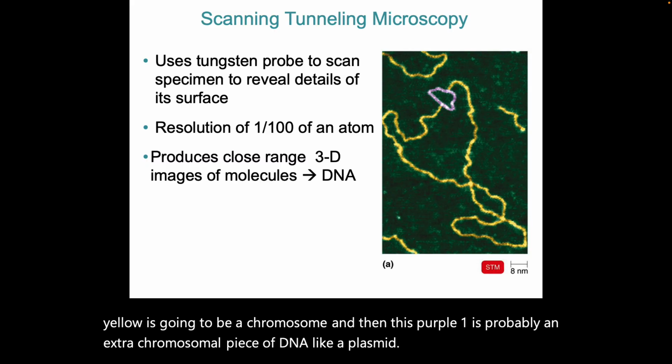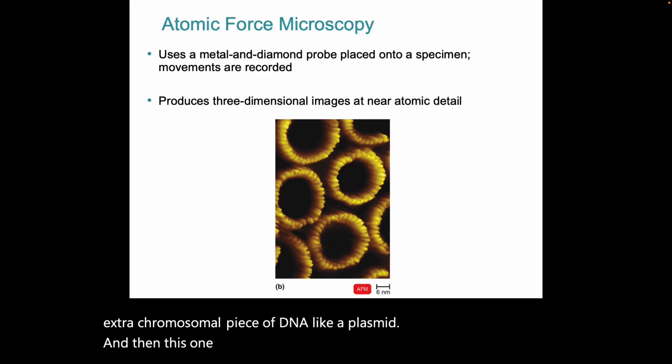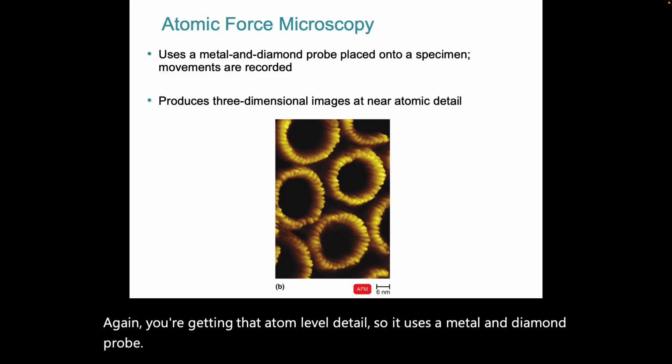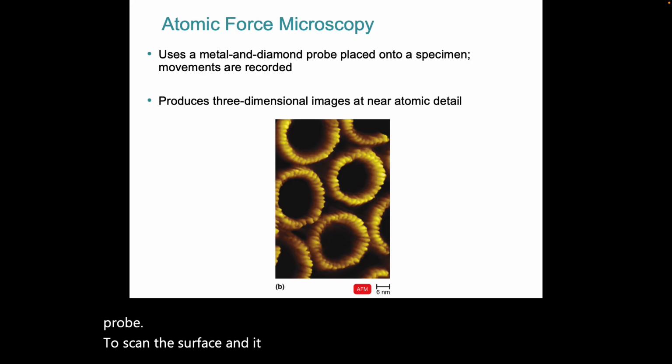And then this one I thought was really cool, atomic force microscopy. Again, you're getting that atom level detail. So it uses a metal and diamond probe to scan the surface, and it can produce three-dimensional images basically at that atomic level.